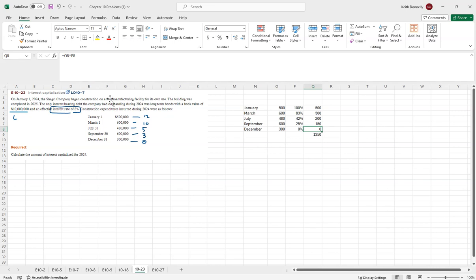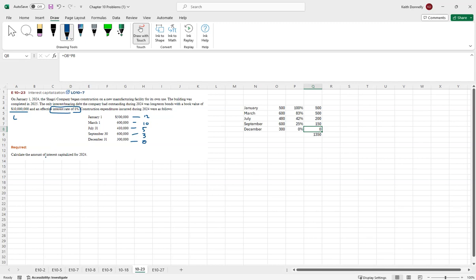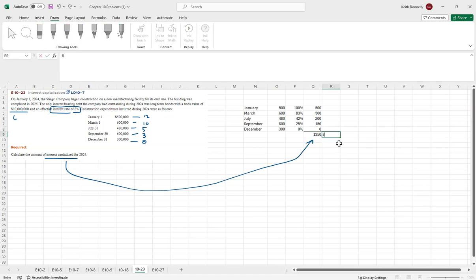To figure out the interest we capitalize, the interest capitalized, we're going to do the 1350 times the 8% on our other debt. We're looking at 108 of interest capitalized.